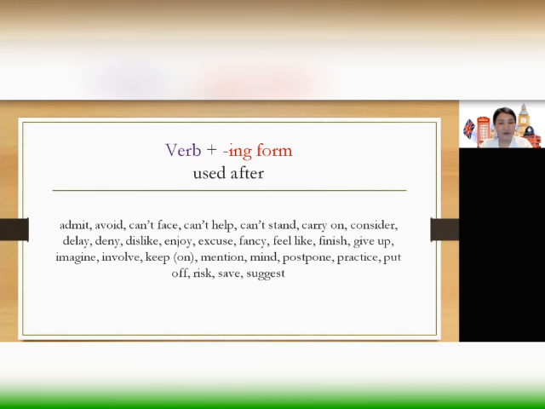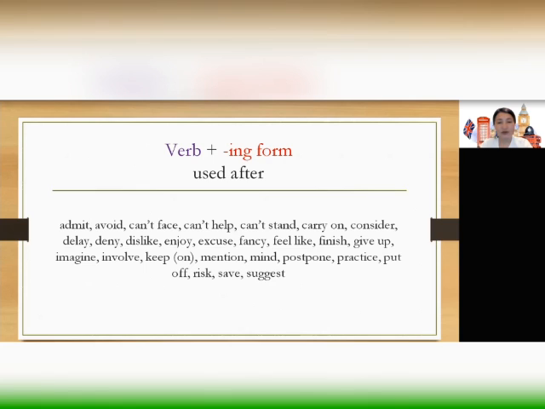And after these verbs we use the ing form. For example, admit, avoid, can't face, can't help, can't stand, consider, deny, dislike. What else? Finish, for example, give up, and so on.